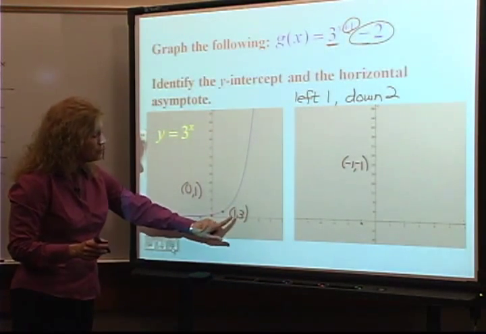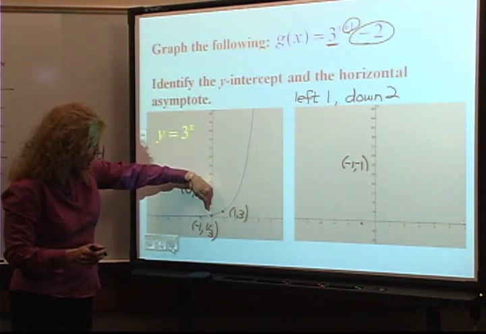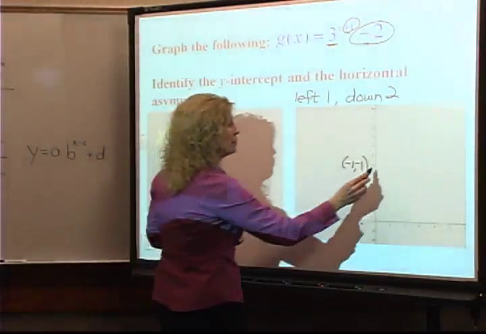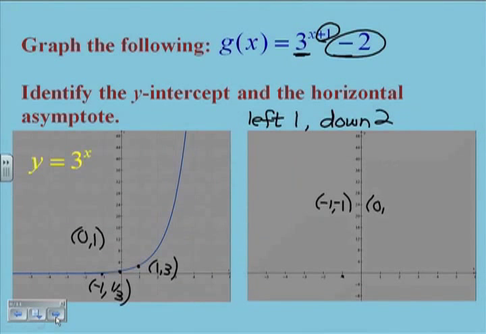This point 1, 3, we're going to go left 1, takes him over to 0 for an x coordinate. And from 3, we're going to go down 2. So he's at 1. So I go to 0, 1. And for this guy, I'm sitting at negative 1.